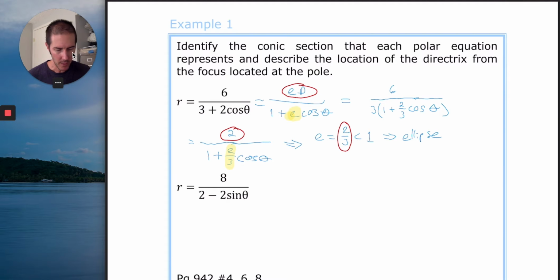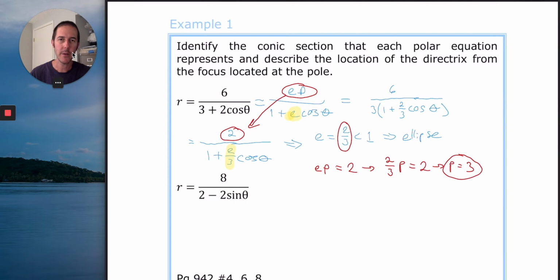I think I might even stay in red because I'm using those three elements to write that EP is equal to 2, right? EP is equal to 2. And we now know that E is 2/3. So 2/3 times P is equal to 2. And if we multiply both sides by 3/2, the reciprocal, we get a p-value of 3.